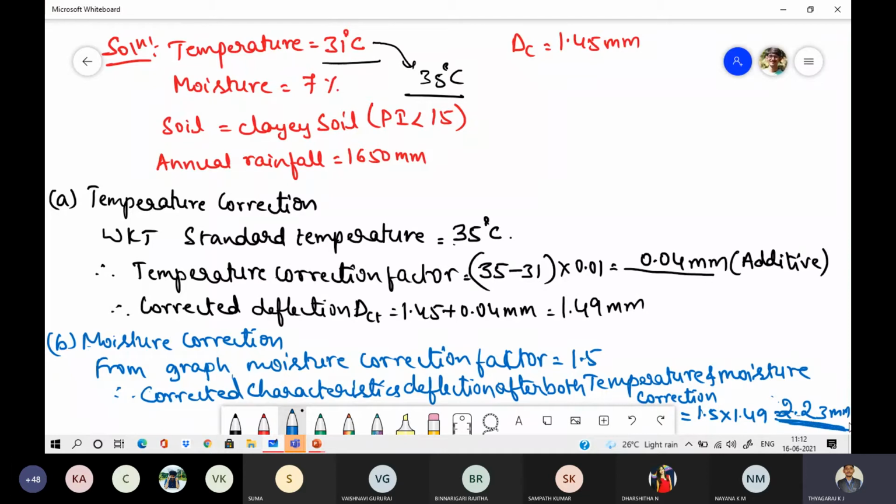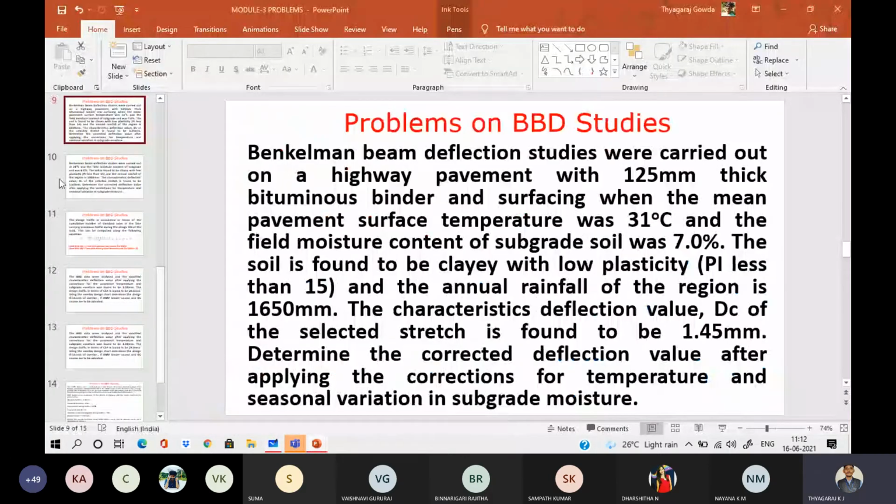This is how we are going to get it. Whenever the type of soil and annual rainfall are given, you have to be very careful and observe them carefully before selecting the chart. This completes the problem. Understood? Yes, sir. Now we'll go for the next problem, a similar type of problem.